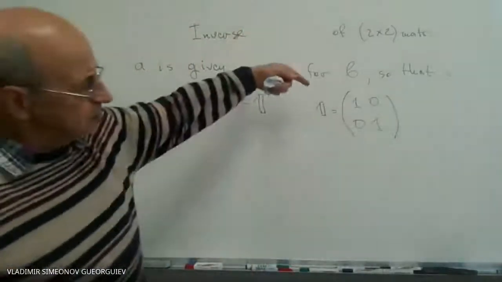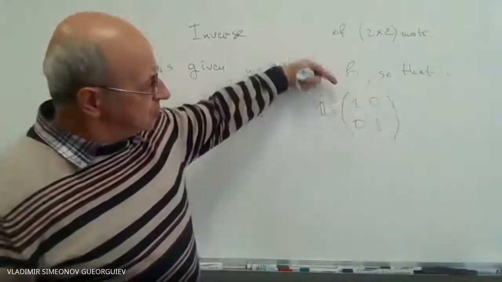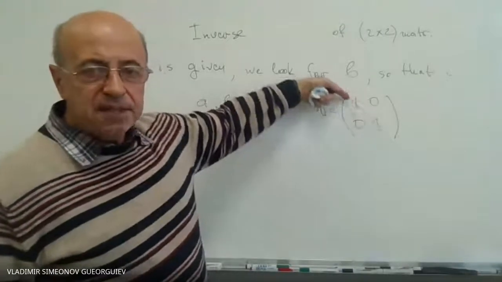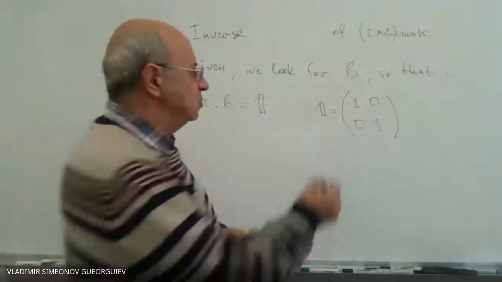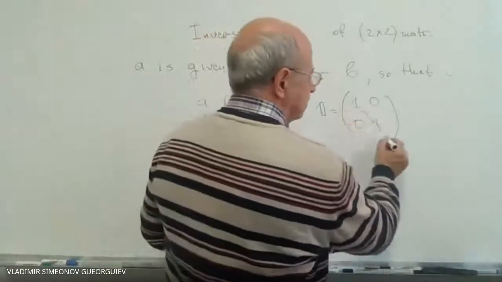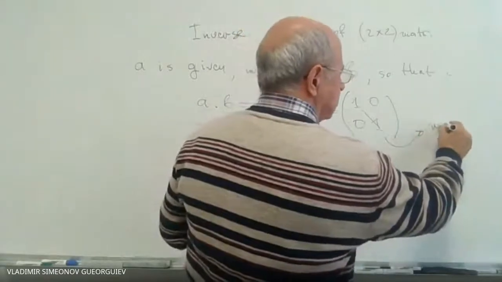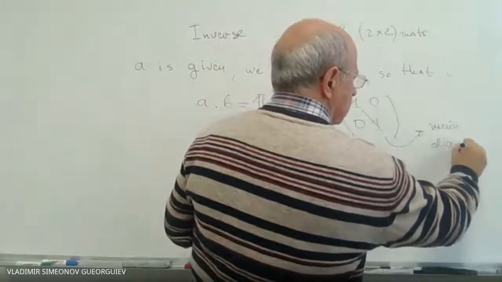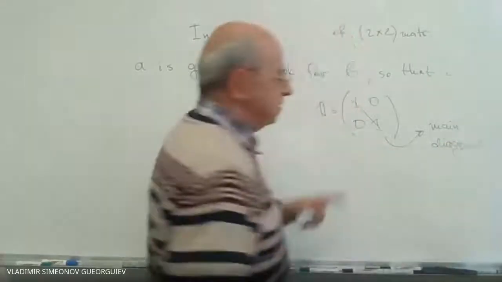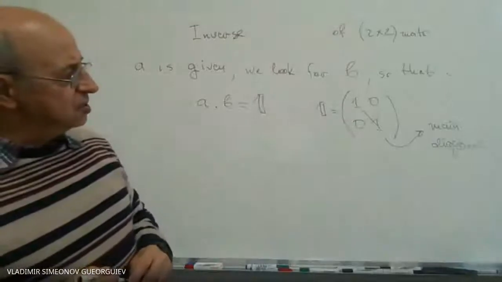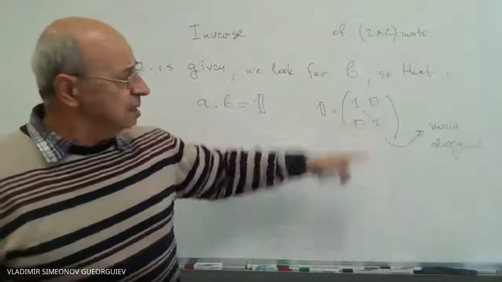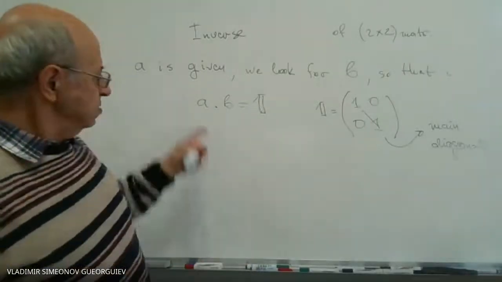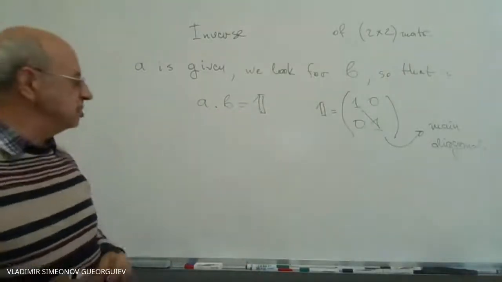Have in mind that when you have 2 by 2 matrices, we have the main diagonal of our matrix, which is this one. For the identity matrix, the main diagonal is 1, 1. The other entries are 0. And we are looking for such a matrix.